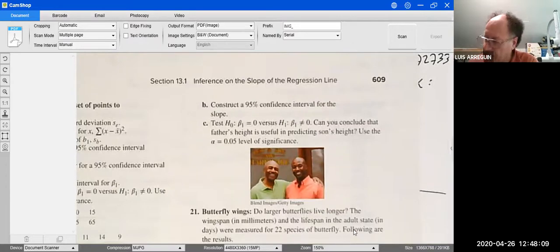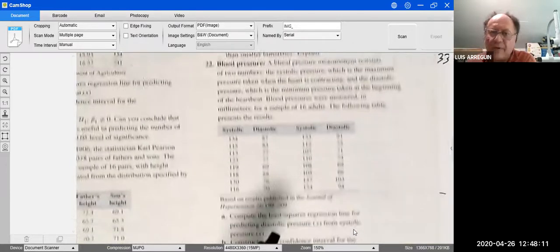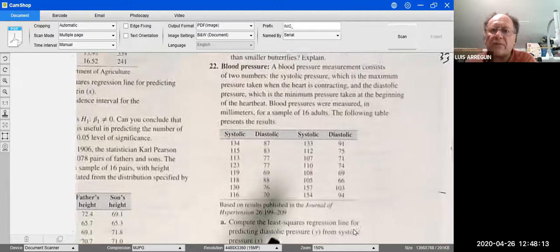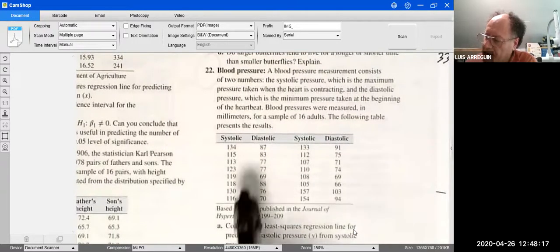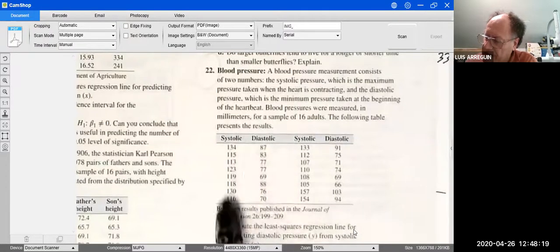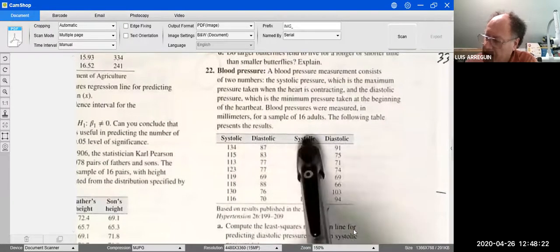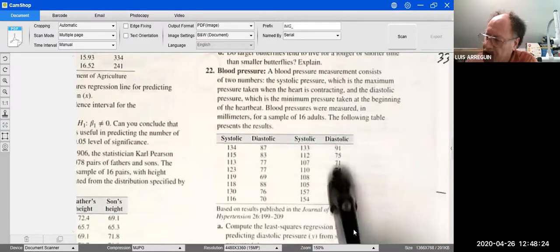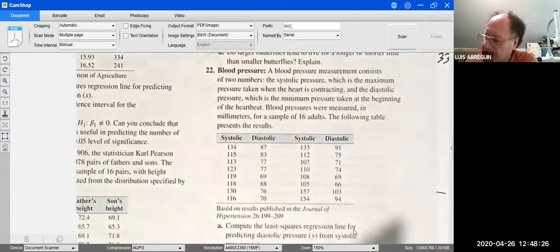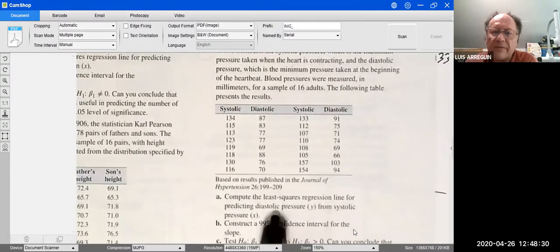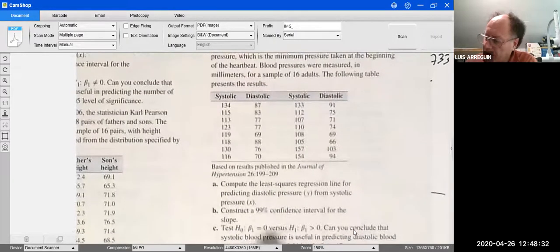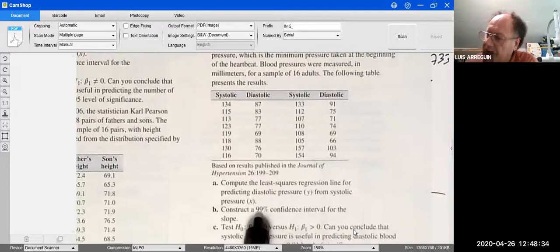That's problem 20. Then a similar problem is 22. It's about blood pressure. So you have again two columns. The first is x, y, and then x continues here, y continues here. So that's your data set. And again, you're going to compute the least squares regression line. Then you're going to construct a 99% confidence interval.